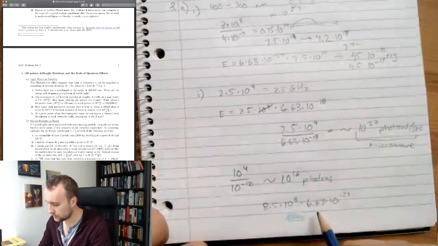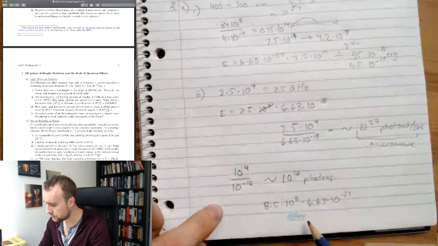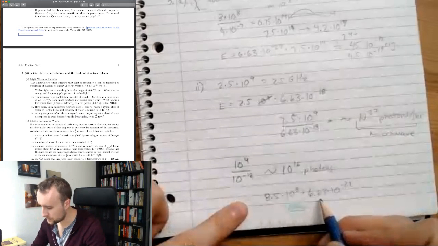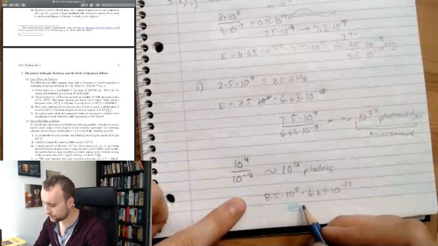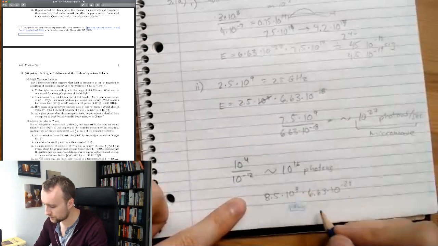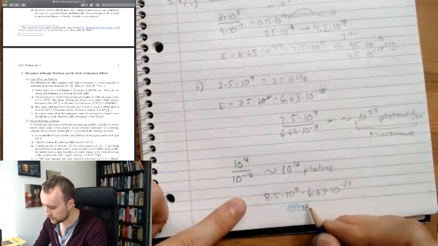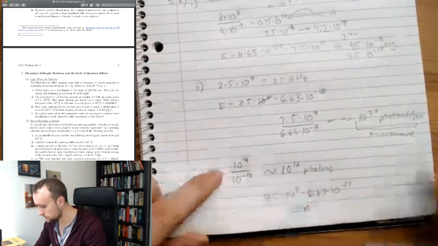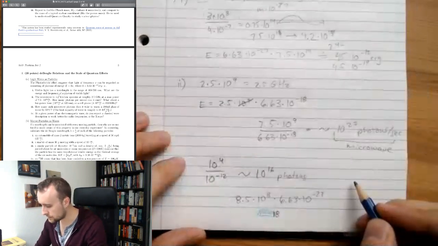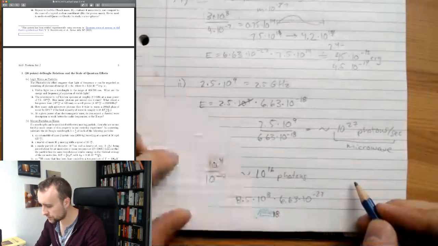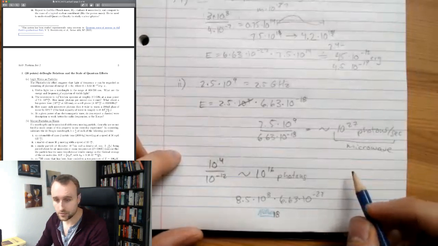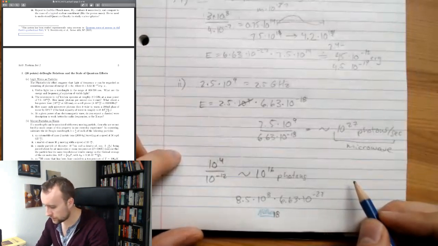So we are going to multiply these two. Again, order of magnitude here, 6 times 8, you know, let's bump it up by 1. So if we have 9 minus 27, again, 18. If it's 18, then this is on the same order of magnitude as the microwave for the energy per photon.